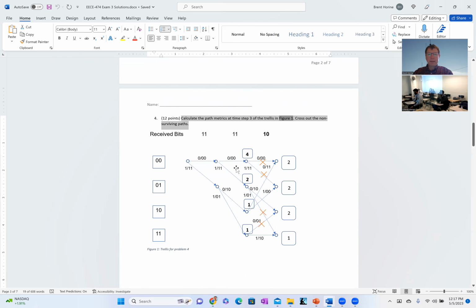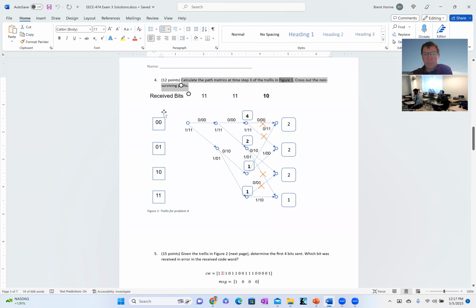Okay, so for example, this problem here we had on the previous exam, right? And in this case, I was generous and gave you the path metrics up to this point, right? But really, given the structure of the trellis, your convolutional code is going to produce certain legal transitions, right?